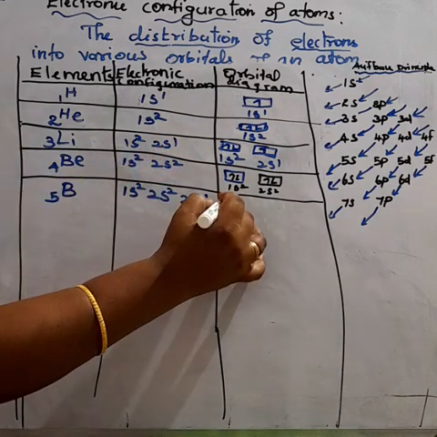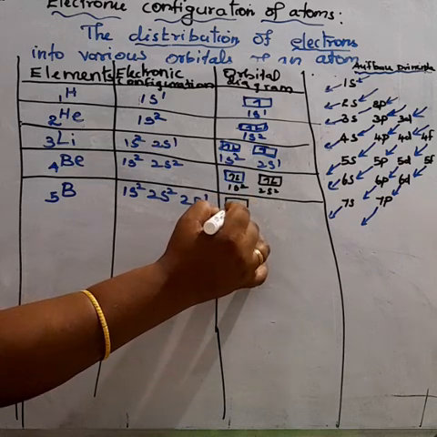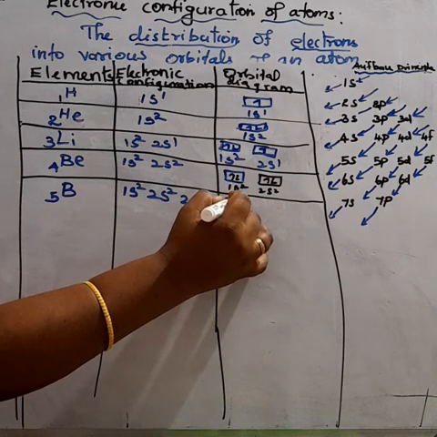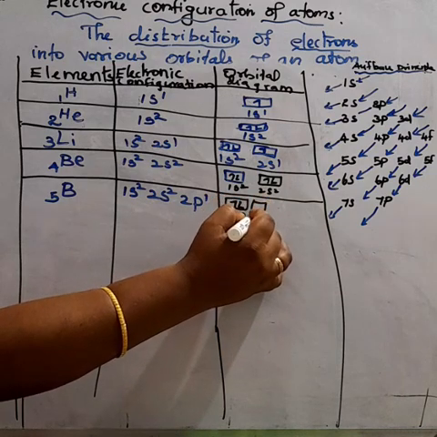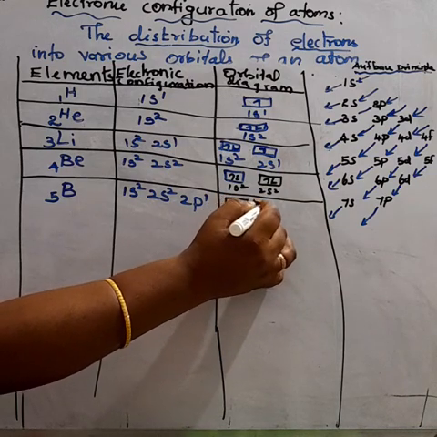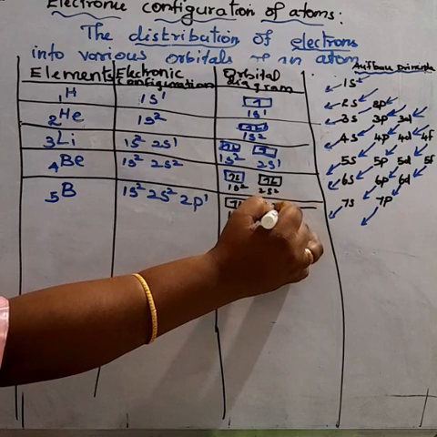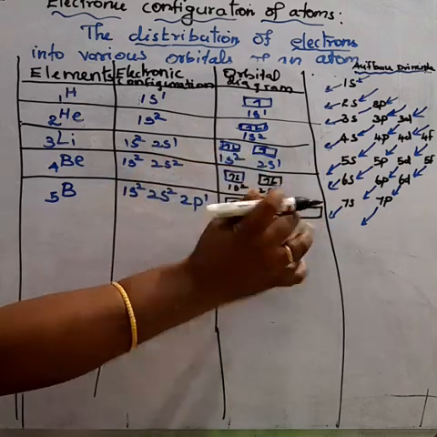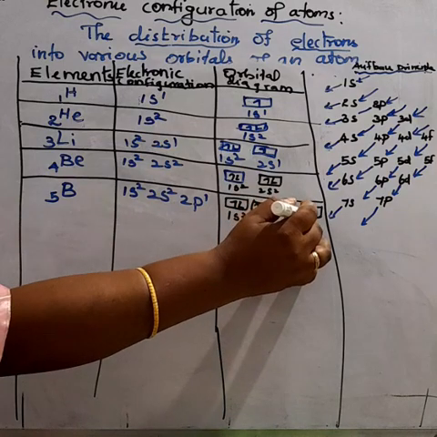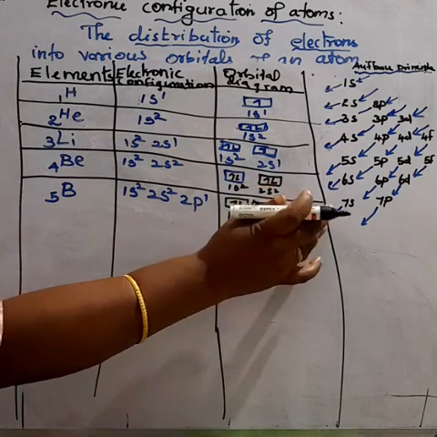So what is the orbital diagram? First the 1s orbital, how many electrons? 2 electrons. Then the 2s orbital, how many electrons? 2 electrons. Then the 1 remaining electron we can accommodate in the p orbital. How many orbitals are there in the p subshell?